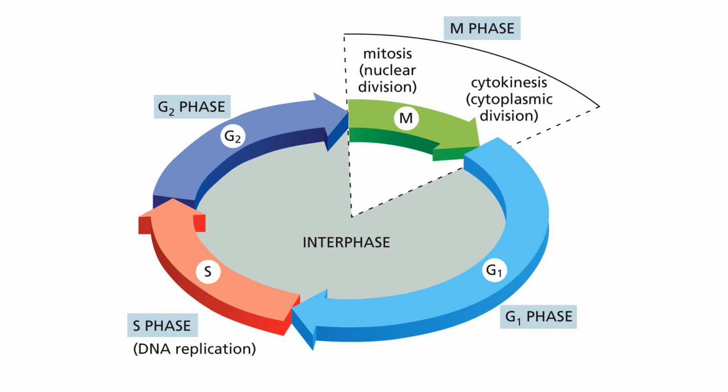Then we have G2 phase, which again, you can't see anything happening, so they call it interphase. It's like a resting state. But anything but resting, during the G2 phase, it is producing all of the proteins that are required in order to undergo M phase. M phase only takes about 2 hours.